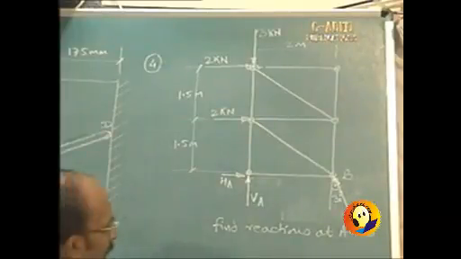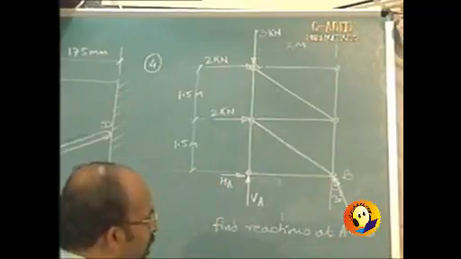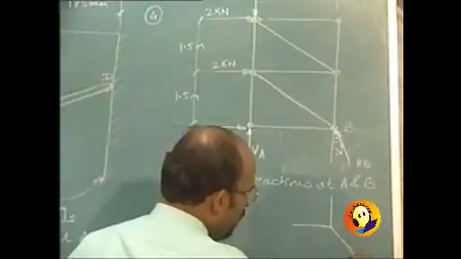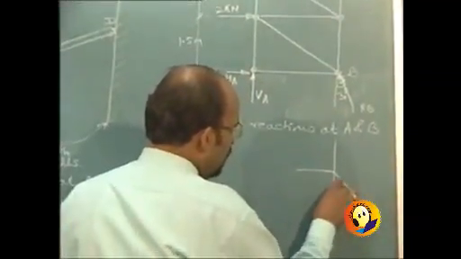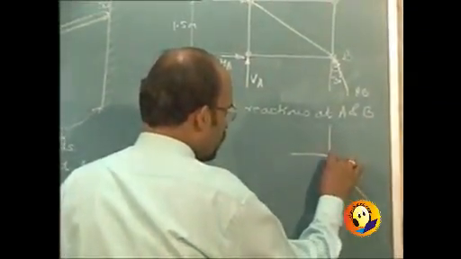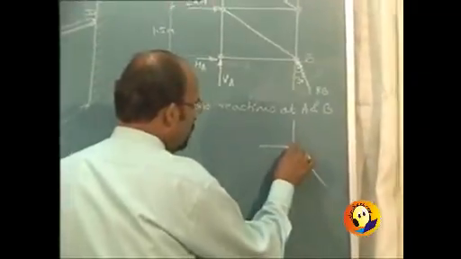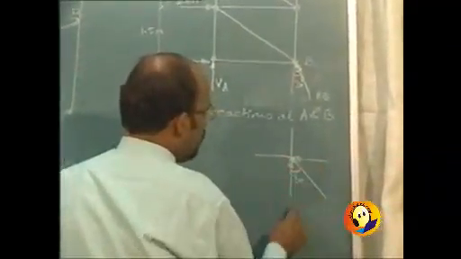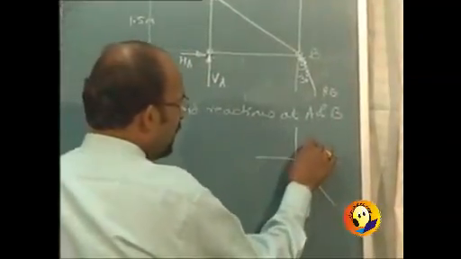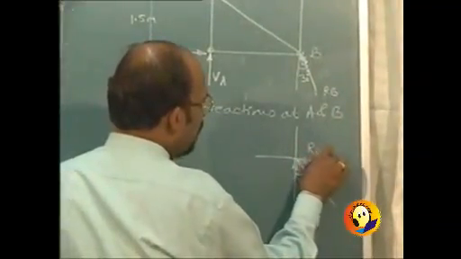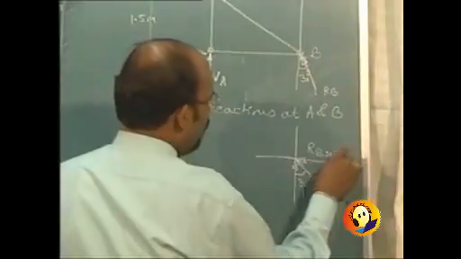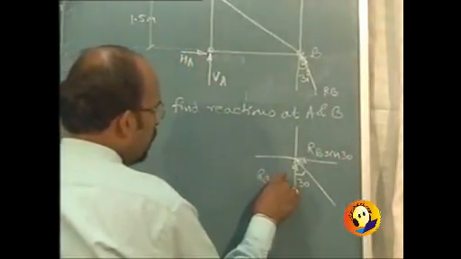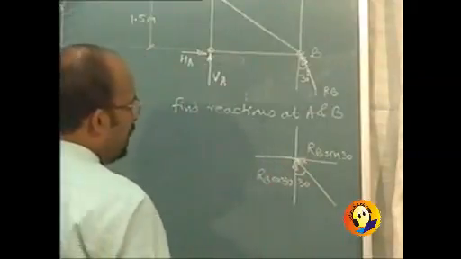This RB can be very well split at joint B. We are showing that RB makes 30 degrees. So RB can be split into the vertical and the horizontal component, and you can very well indicate that the horizontal component is RB sin 30, whereas vertical component is RB cos 30 with the directions which are shown.